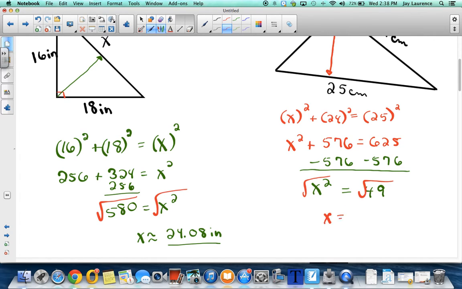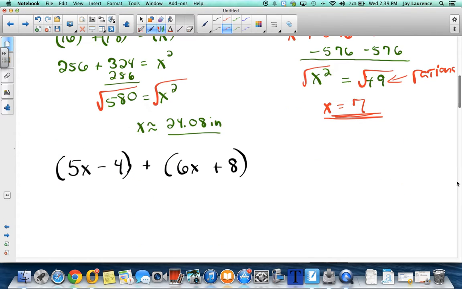Well, that would be 7. Okay, now 49 has two square roots, a positive and negative, but since I'm talking about the length of the side of a triangle, I don't care about the negative side. So 7 is my answer. Notice I didn't use that wavy equal sign because I got an exact answer. This is a rational number.